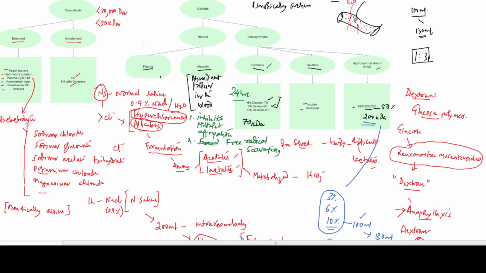But to remember, how is this plasma produced? Blood is taken from volunteers, pooled, and then centrifuged to remove the plasma. As it comes from pooled blood, it could be contaminated with foreign proteins, and that can cause anaphylaxis.